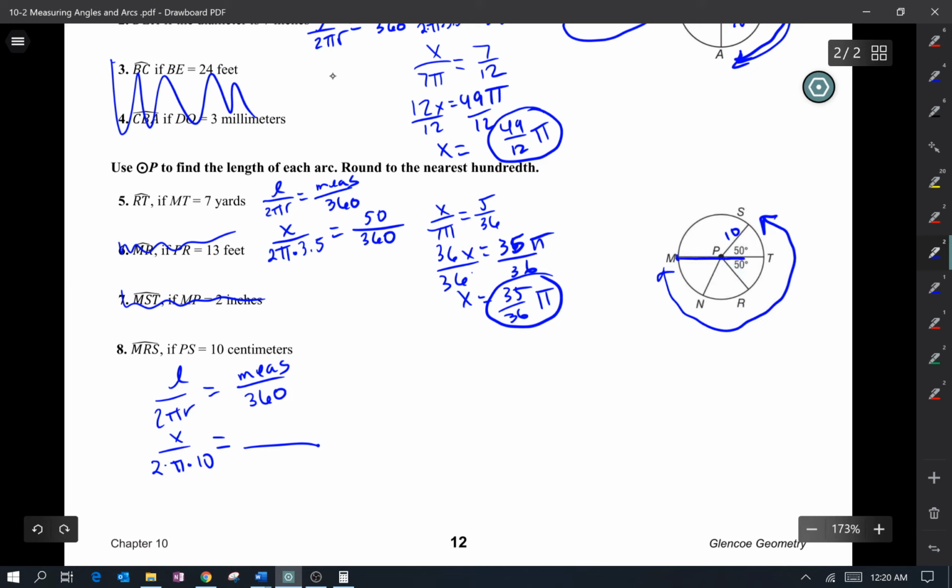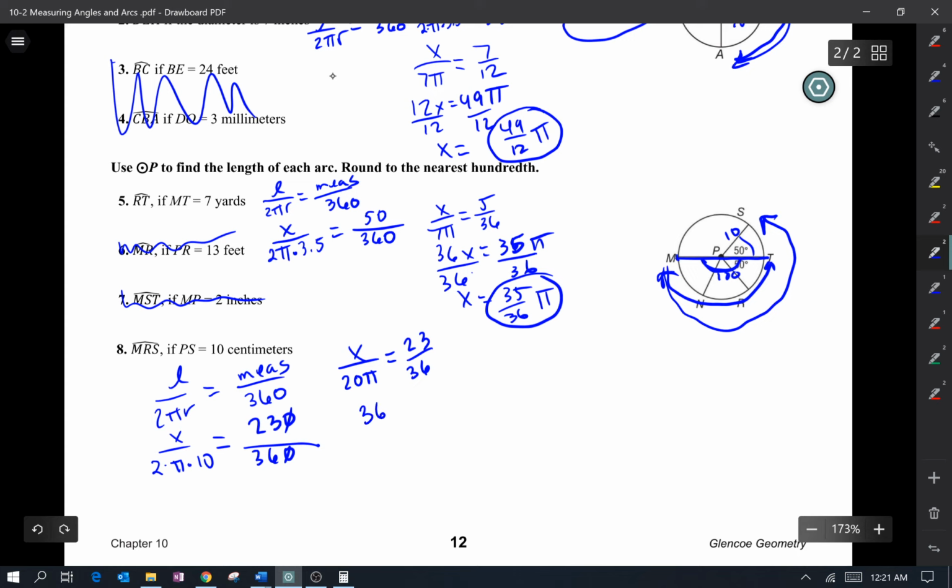Notice what this is. That's a diameter, right? So that's 180 degrees. So it's 180 degrees plus 50 more, right? So 180 plus 50 is 230. So that's 230 degrees out of 360 degrees. Knock the zeros off. What are we left with? X over 20 pi is equal to 23 over 36.